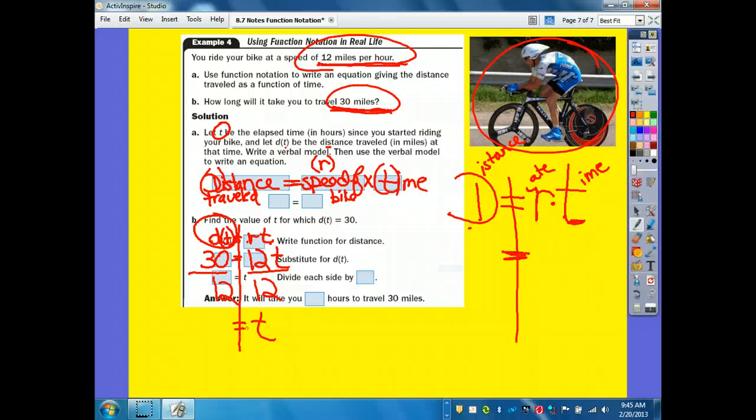What is 30 divided by 12? 2.5. And I have to label that. It took us 2.5 what? Hours. Took us 2.5 hours on our bike to go that far.